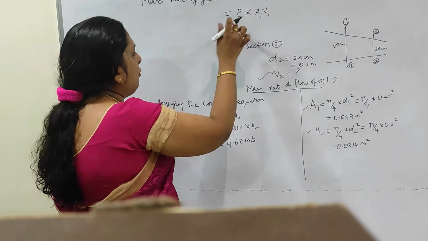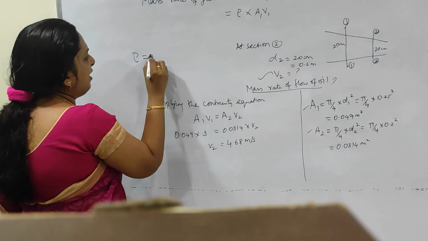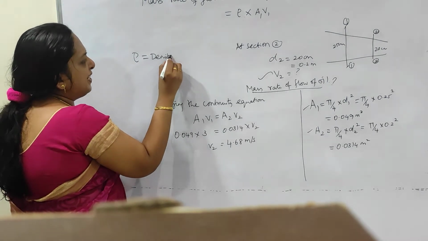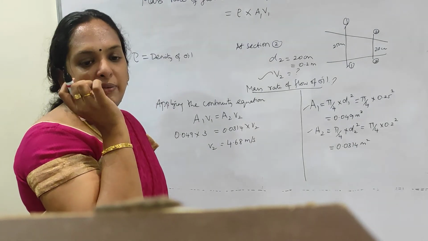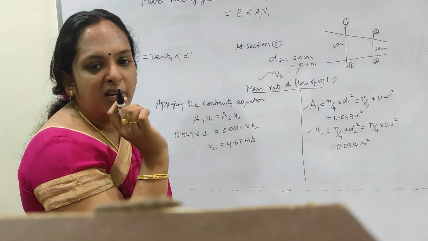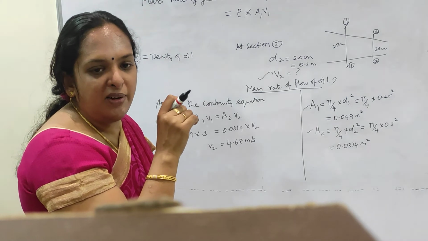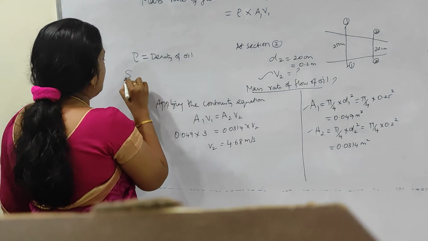But what is rho here? Rho is the density of oil. But density of oil we don't know. Instead we know the specific gravity of the oil which was given in the problem. The specific gravity of the oil is 0.9. So we know the formula.